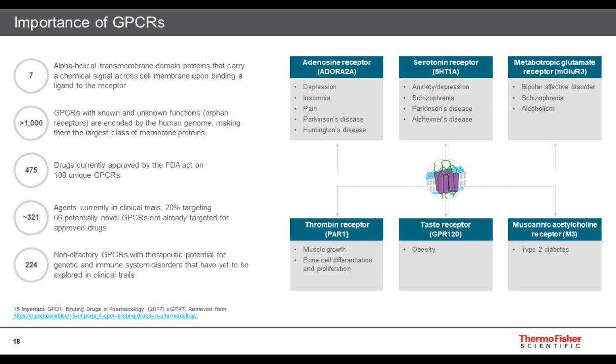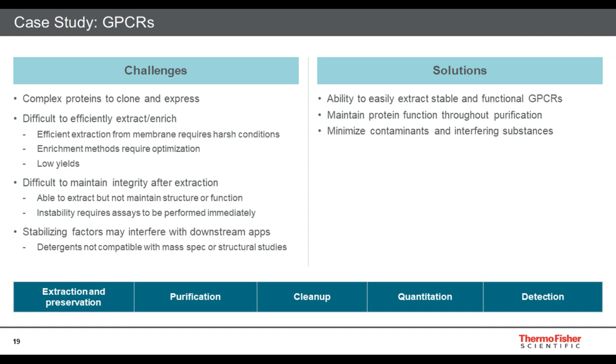One of the main challenges in GPCR research is the ability to efficiently extract the receptor from the membrane without compromising the structural and functional integrity of the receptor in order to study it. Isolating and studying GPCRs presents many challenges. Their complexity makes them hard to clone and express. They are embedded in the plasma membrane, making extraction difficult.